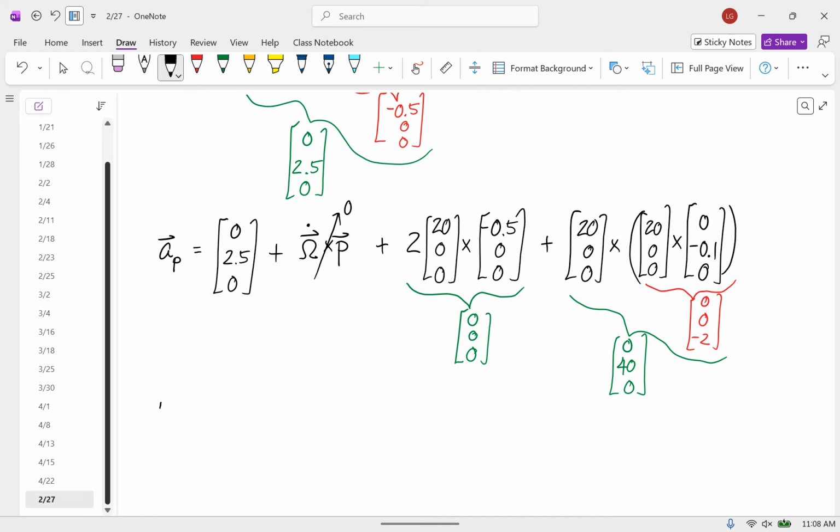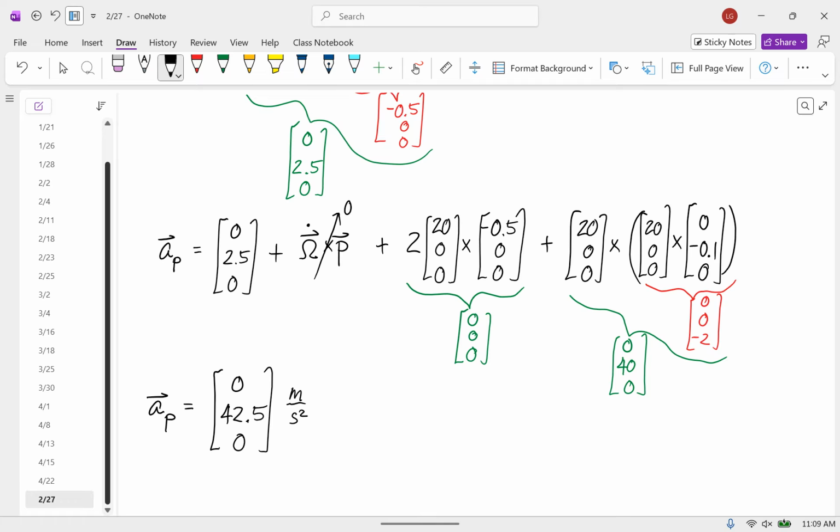And so altogether, the acceleration of that P is equal to 0, 42.50, 0. And then this is an acceleration that you can use in Newton's laws.